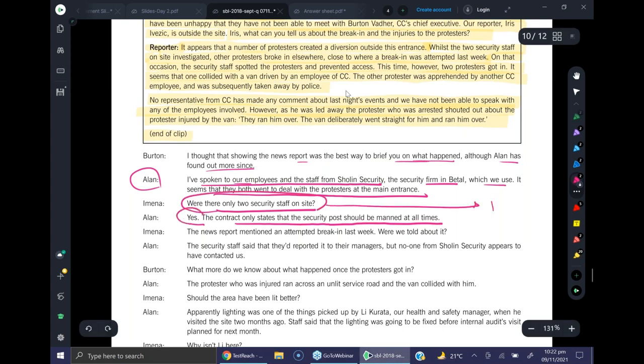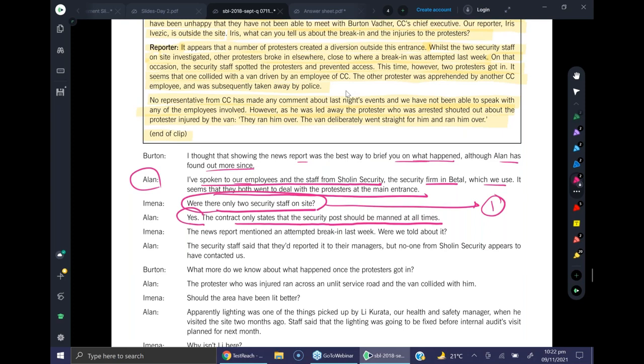So can I say that is control weakness number one, that there were only two security staff on site and they were not able to keep up with the problem. And Alan's explanation is very weak, that the post should be manned at all times. That's the need. So that's the problem.